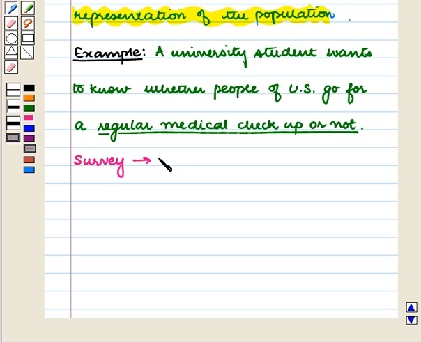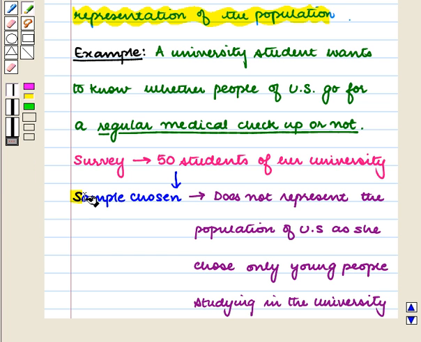For this, she surveys 50 students of her university. Now, the sample chosen does not represent the population of the US, as she chose only young people studying in the university.